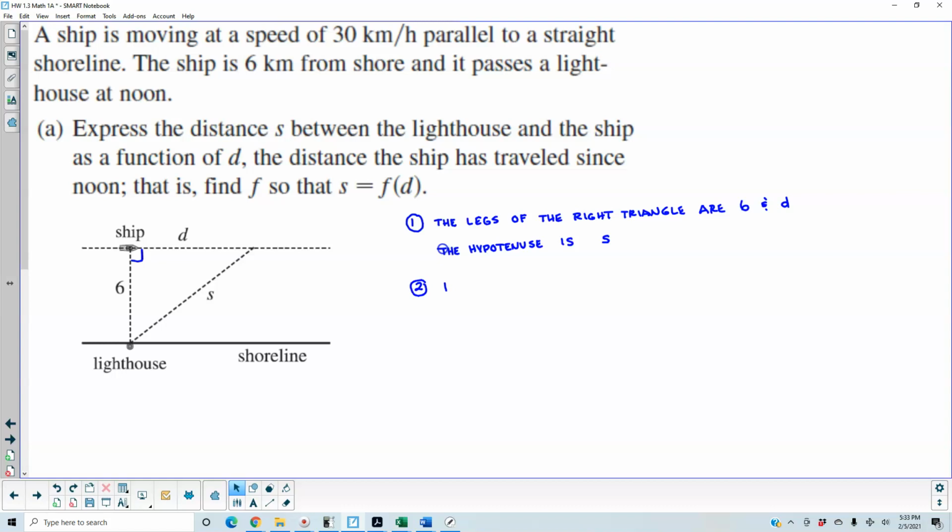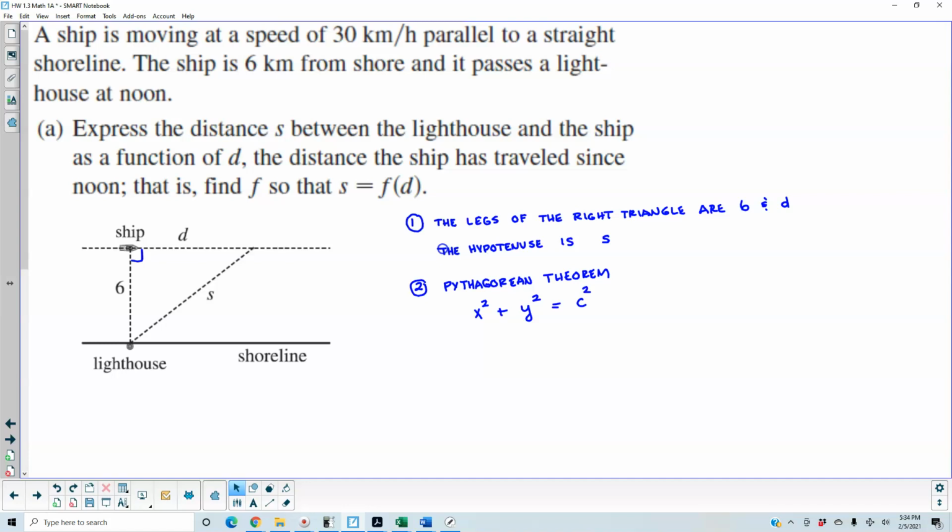So when we have a right triangle, we need to use the Pythagorean theorem. So what does the Pythagorean theorem state? Well, that means that if we take one of the legs, let's say x squared, plus the other leg, which is y squared, that would equal c squared, which is the hypotenuse.